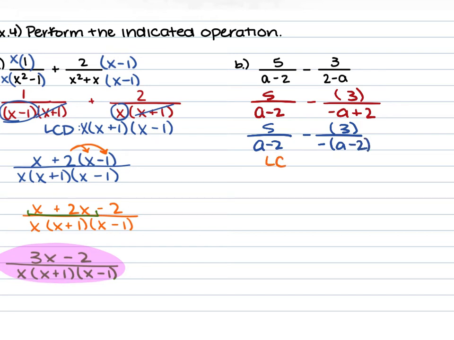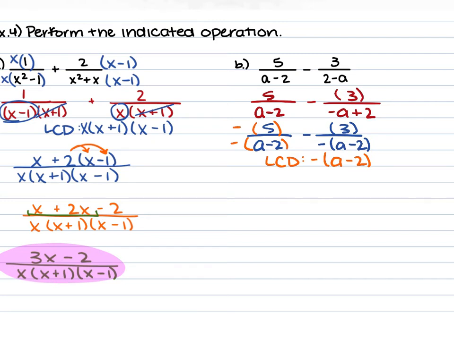Our least common denominator here is the negative, or the opposite of a minus 2. What does the first fraction's denominator need to get it to be that negative a minus 2? The negative times a minus 2 is a negative, so I'm going to multiply the 5 by the negative.